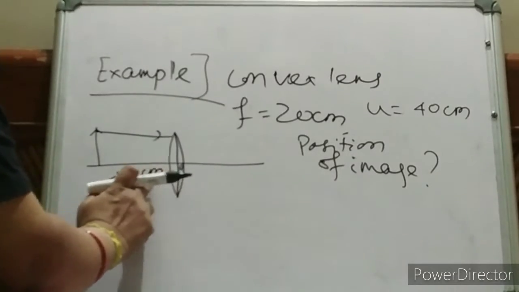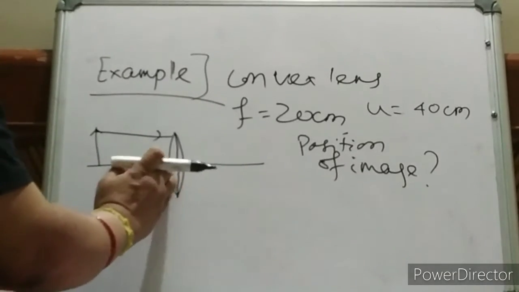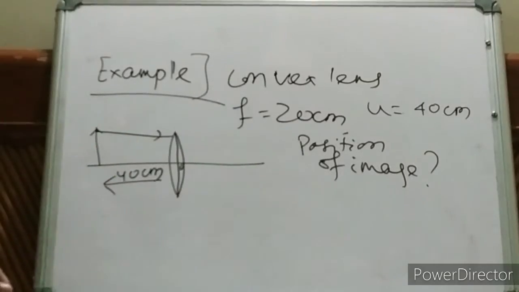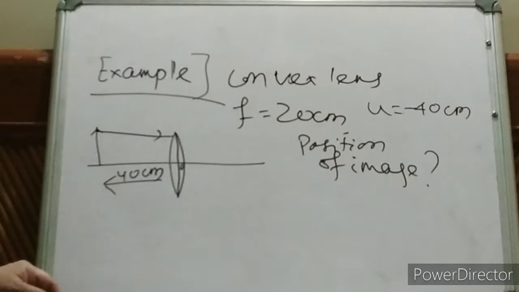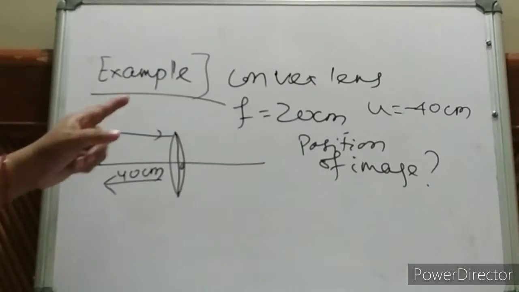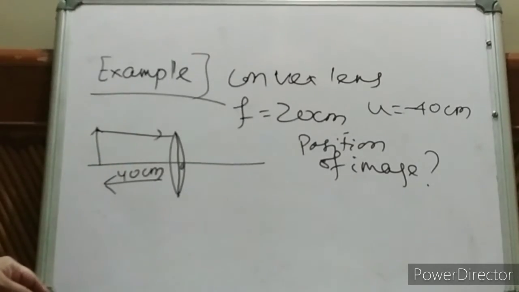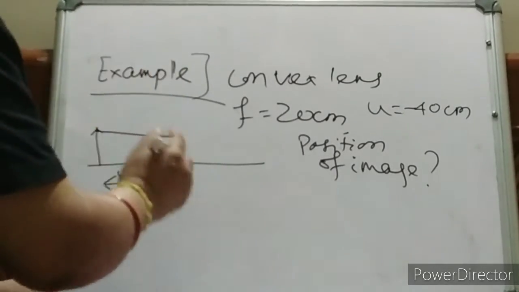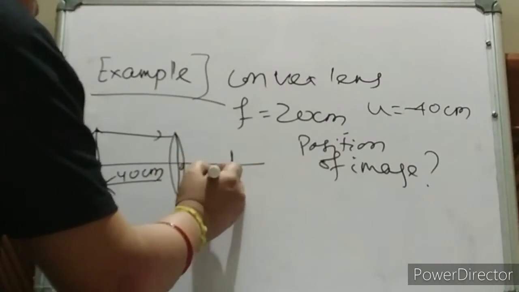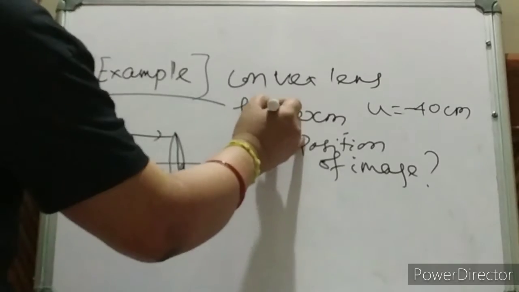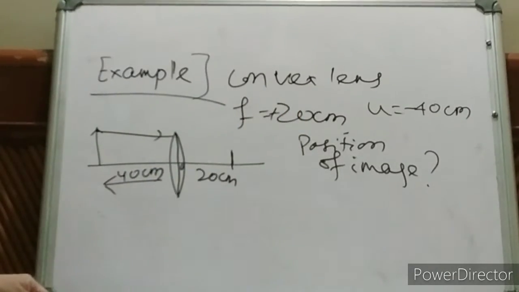You are measuring the distance opposite to your incident ray of light, so u will be negative. Got it? And for the convex lens, your focal length is 20 centimeter, so f is positive. Clear, children?